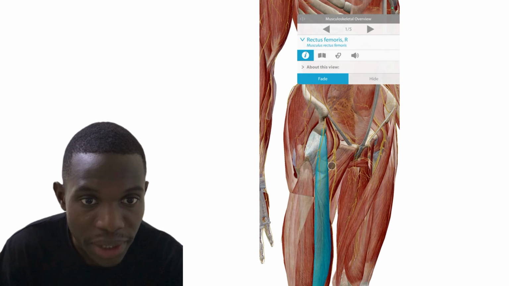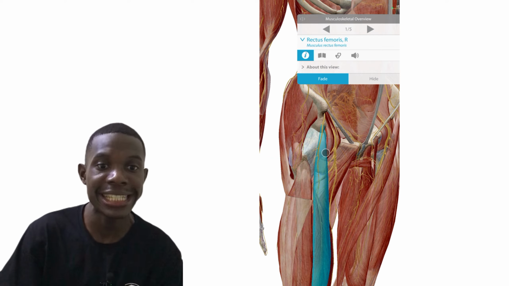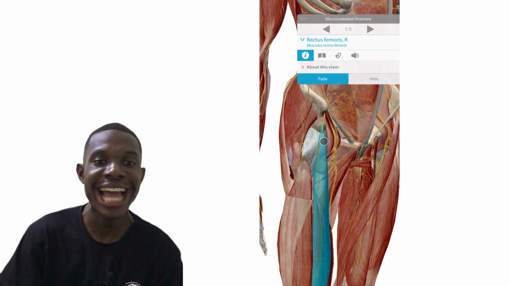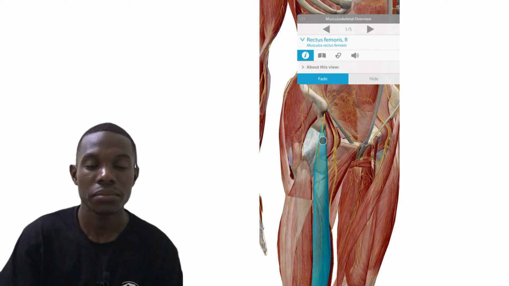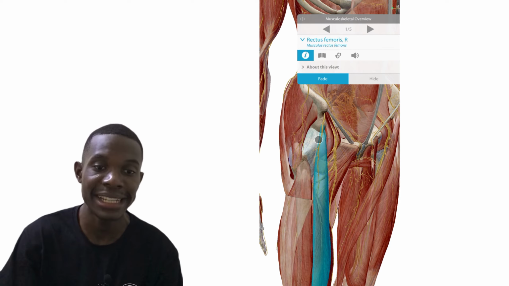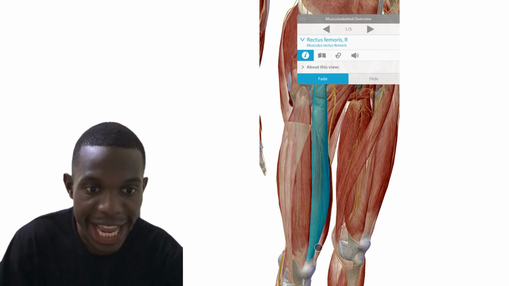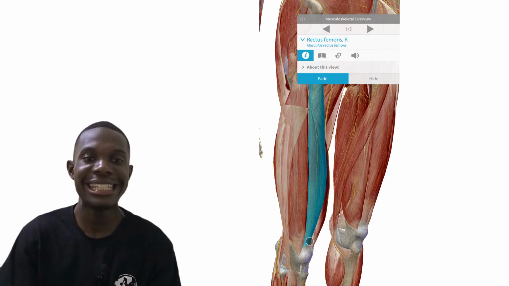If I zoom in, you're going to discover that it is a straight head and a reflected head, right? So the straight head is going to attach to the anterior inferior iliac spine, and the reflected head is going to attach to the groove above the acetabulum. And then it's going to descend downwards as it attaches to the base of the patella via the quadriceps tendon.